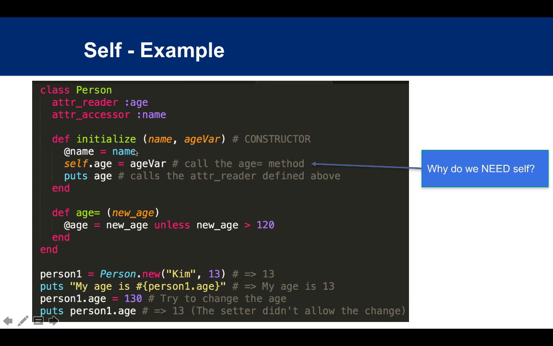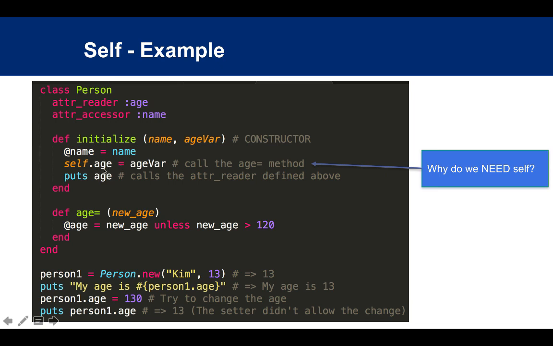Now, if you look at the constructor here, the initialize method, we have the name and the age var that we're passing in. So the name is pretty simple. You just assign the name to the @name. For the age, though, we use a self dot. And what this does is it calls the age equals setter, which is below. Now, why do we have to use self.age? Why can't we just say age equals in this case?